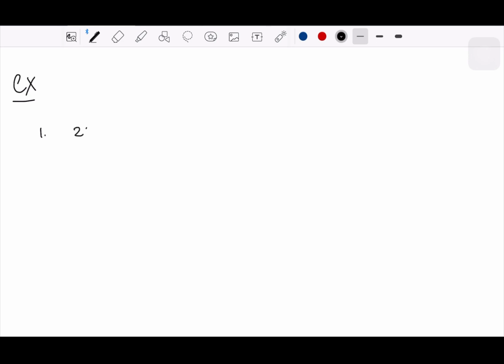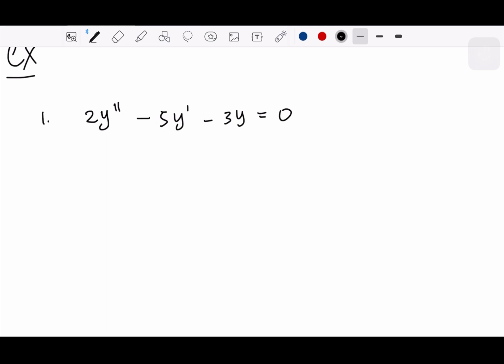So let's say we have 2y double prime plus minus 5y prime minus 3y equals 0. The first step is to imagine an auxiliary equation, before we decide that the construction for the solution will be based on the exponential. So y will equal e to something.